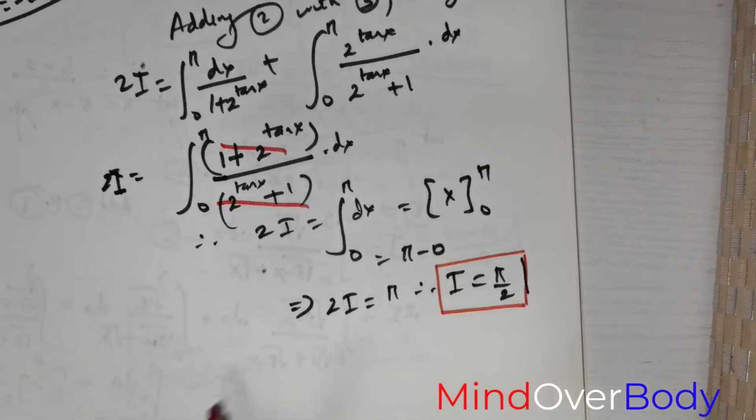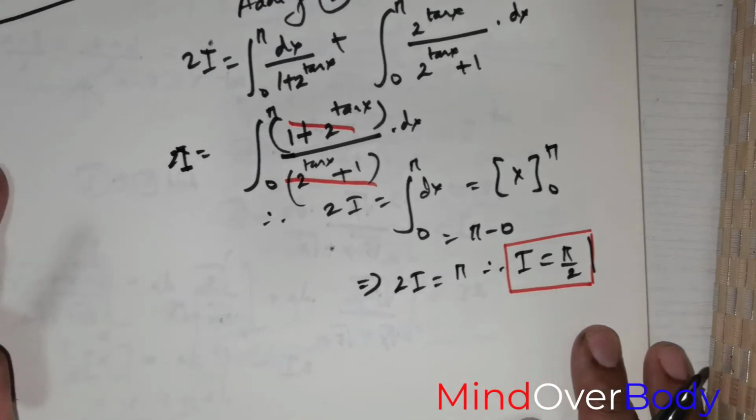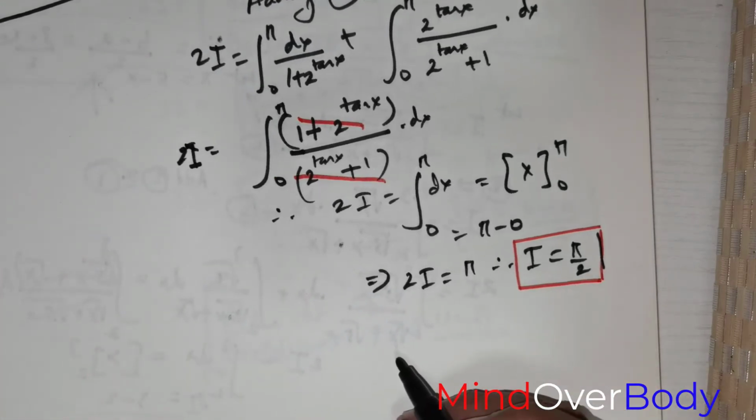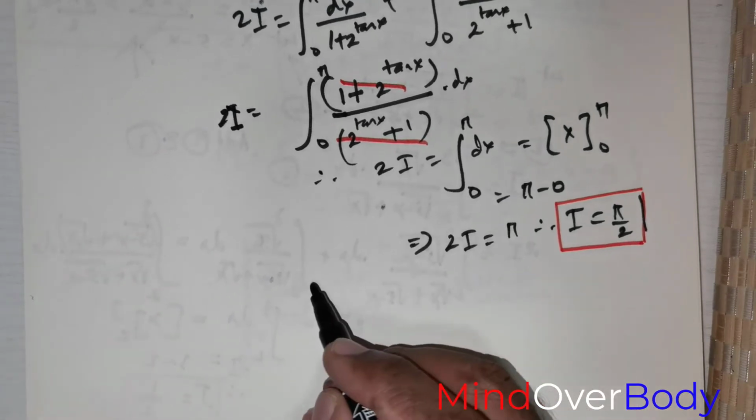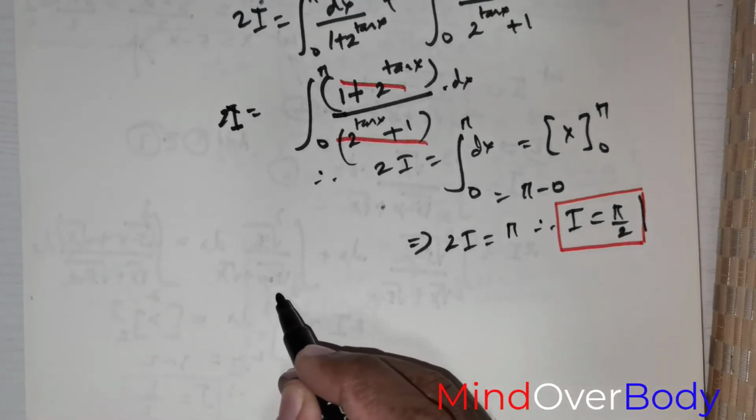I is equal to pi over 2, and probably we could have obtained the solution from the question itself. So what is the take home point here? Now let me just tell you this.